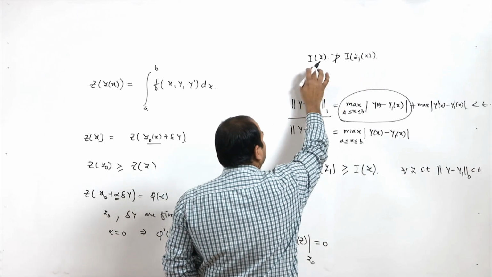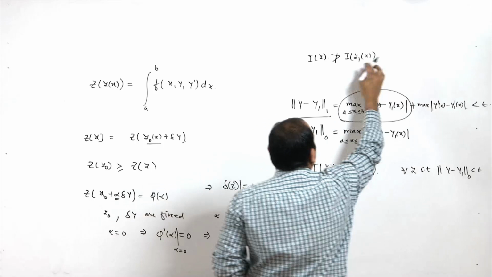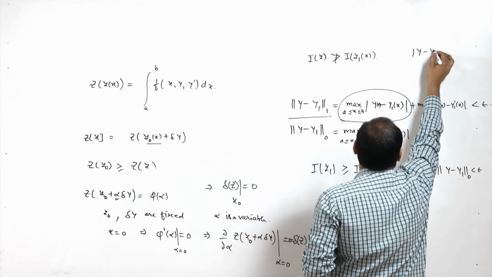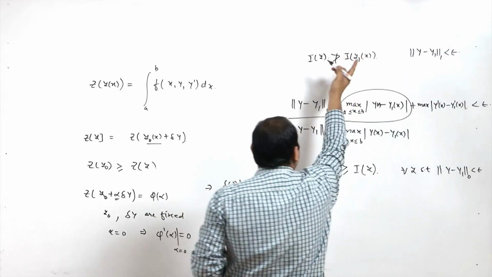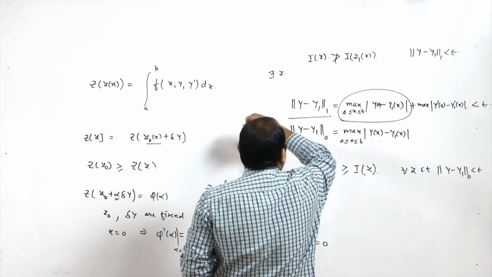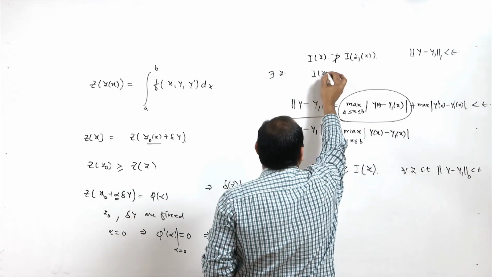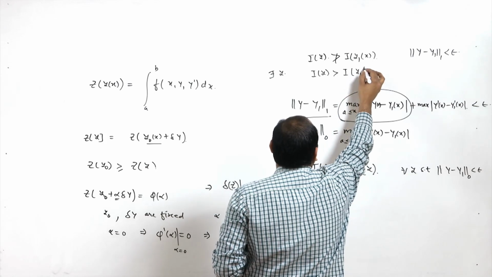It means that there is no curve y near to y1 in the sense of 1 norm with y minus y1 less than epsilon, with a value greater than or equal to I of y1 of x.